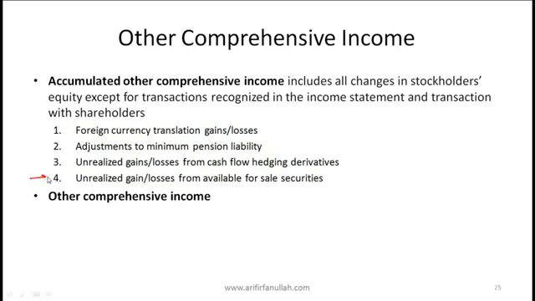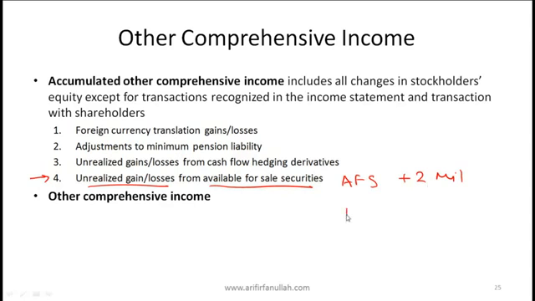As you just saw in the financial assets segment a short while ago, if you classify a financial security as available for sale and there are unrealized gains or losses, we said that the unrealized gains or losses are shown in other comprehensive income. So take an example where on an AFS security there is an unrealized gain of 2 million, and also the AFS security on the balance sheet is shown at fair value.